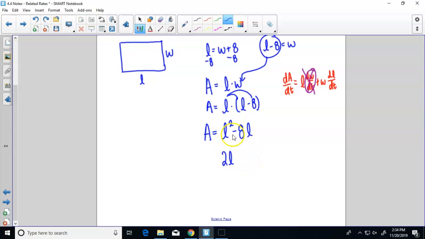Almost. Anytime you take the derivative of any letter, you have to put dL/dt. So 2L dL/dt minus 8 dL/dt, and over here we have dA/dt. Any letter that you take the derivative of, you have to put d, that letter, over dt.